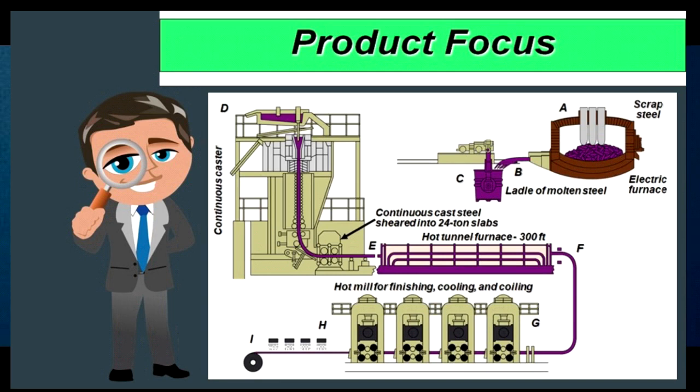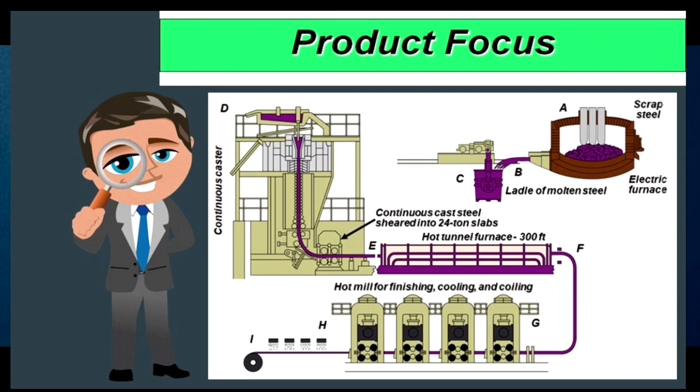The ladle of molten material is taken to the continuous caster. From there the steel comes out, continuously cast and sheared into say 24 tons. Sometimes it may be 5 tons also, 2 tons also, as per requirement. In this figure it is shown as 24-ton slabs.